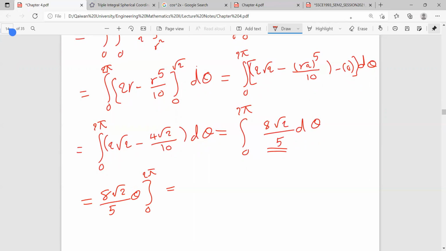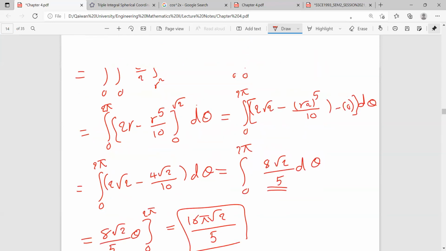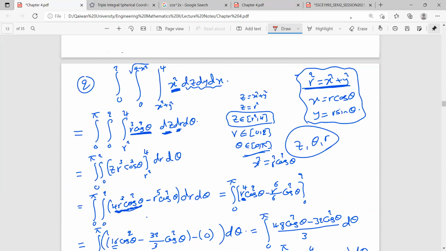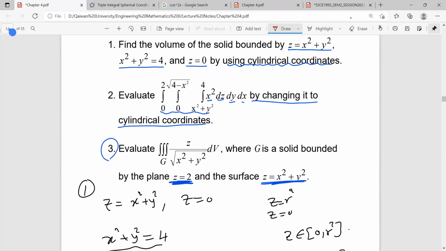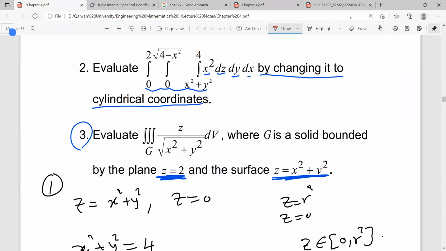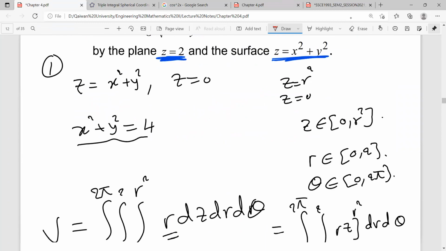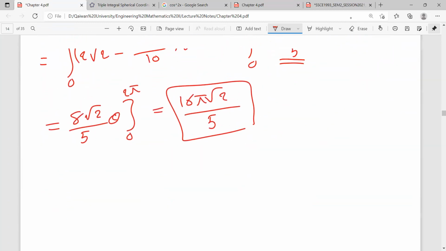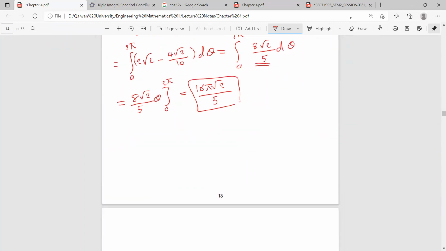When we replace by 0, we get 0, but when we replace by 2 pi, we get 16 pi square root of 2 divided by 5. So this is the result of that triple integral. That's it. For the third one, the result is 16 pi square root of 2 over 5.